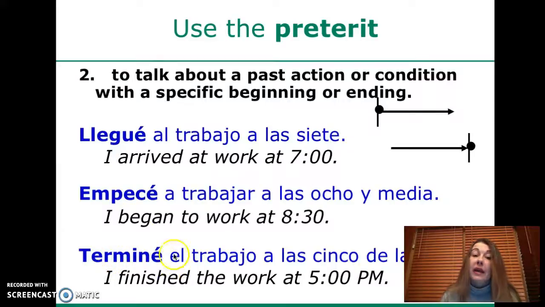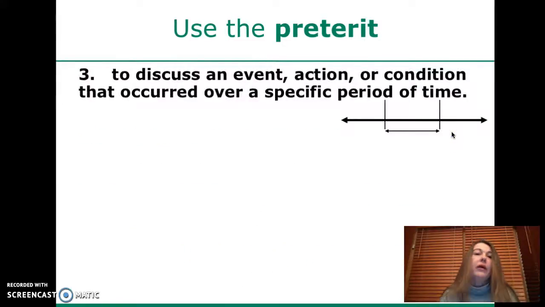And here terminé, as I was saying, el trabajo a las 5 de la tarde. Okay, so typically these three verbs are going to be used in the preterite. Very, very commonly, let's say 99.5% of the time, they will be used in the preterite. Okay, because these indicate things that clearly have a beginning or a clear ending, right? It's not a process. Okay.